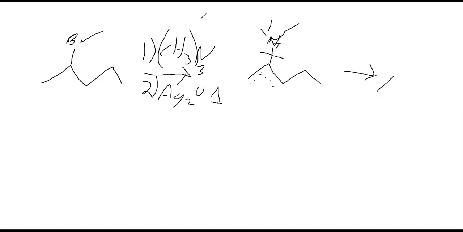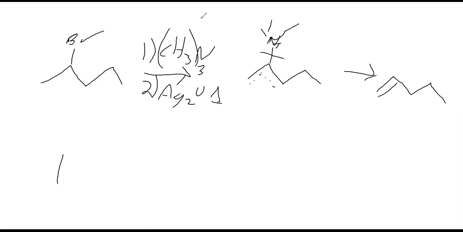So it's just a convenient way of anti-Zaitsev. If you tried to do, say, the E2 reaction, you're going to get the Zaitsev product, which is going to be the internal alkene. Now, using this, a little bit harder, but it will form your external alkene, the terminal alkene.